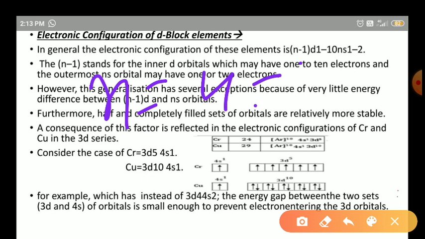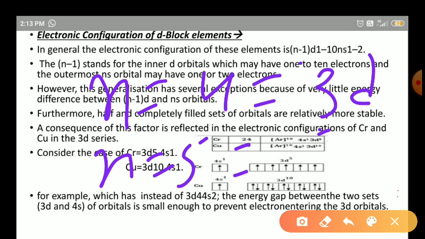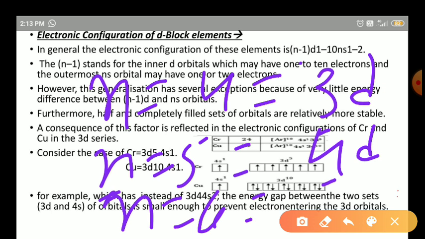N is 4, it means it is the 3d. N is 5, it is the 4d. N is 6, it is the 5d orbital.